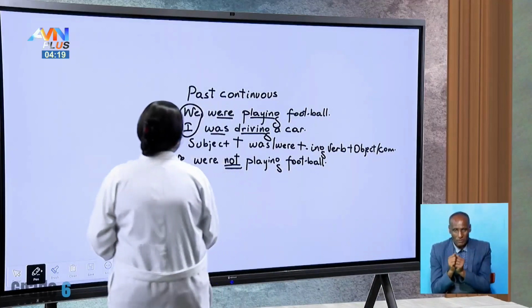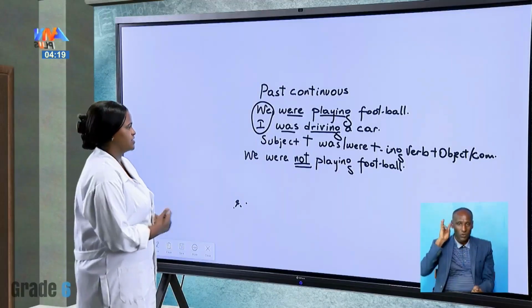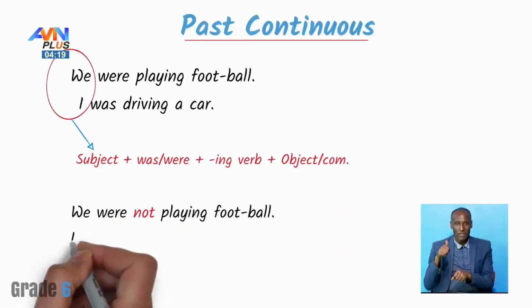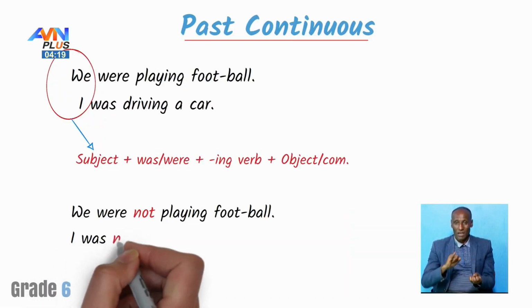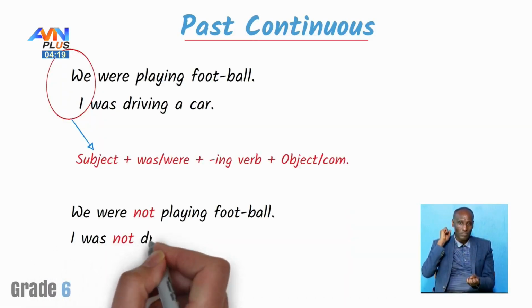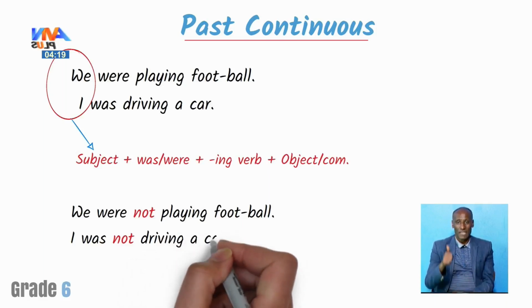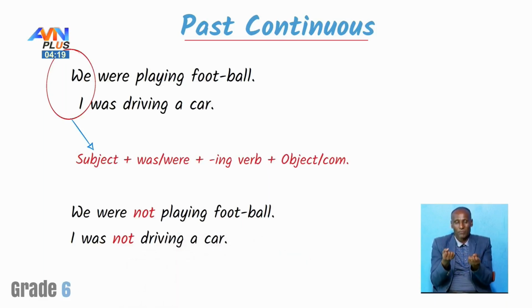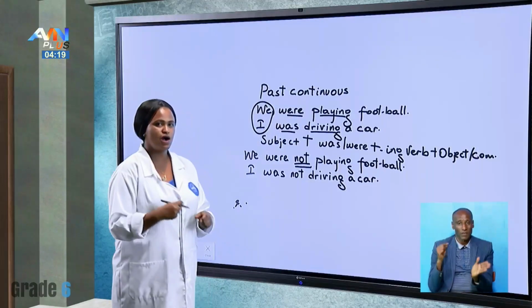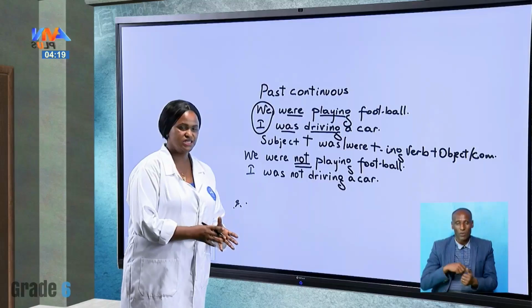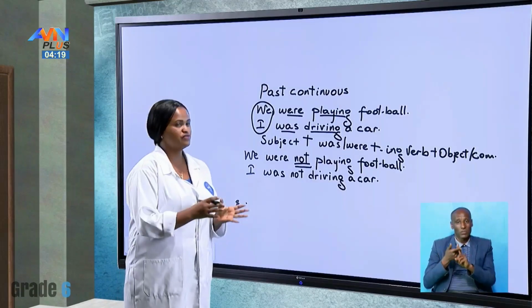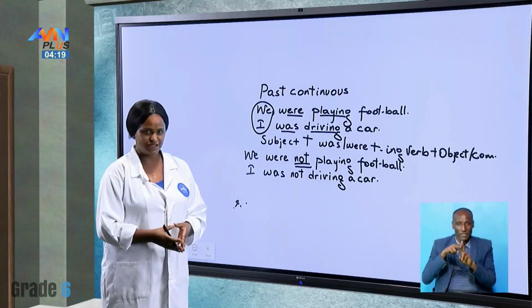I was driving a car. Let's make it negative. I was not driving a car. Full stop. This is how we make a positive past continuous sentence negative.